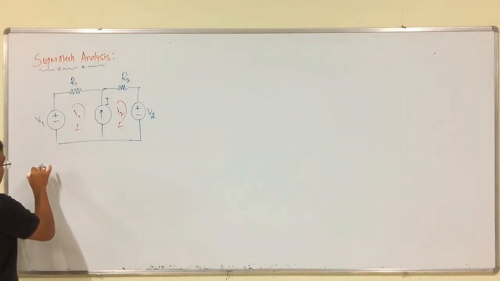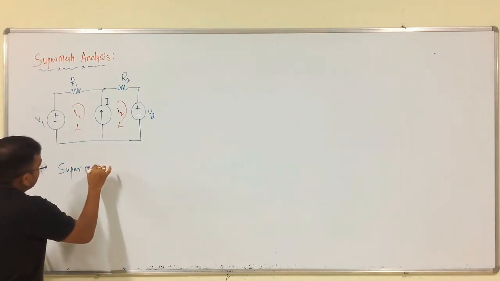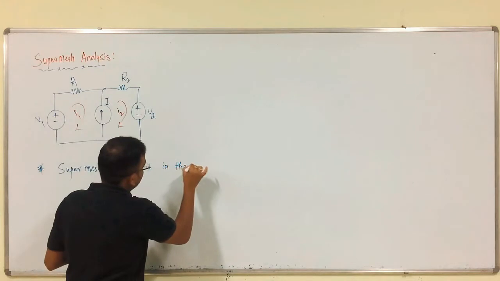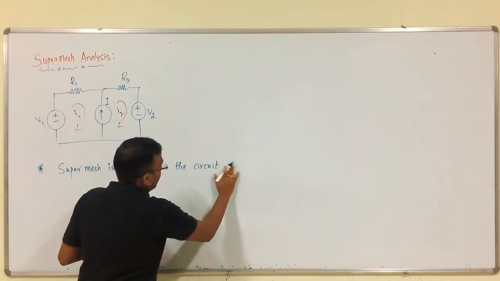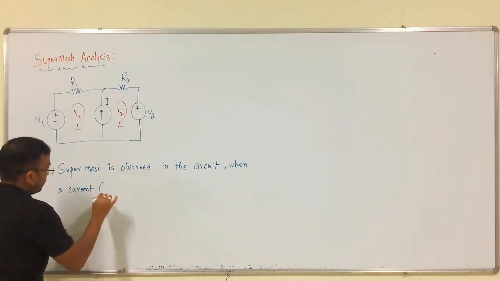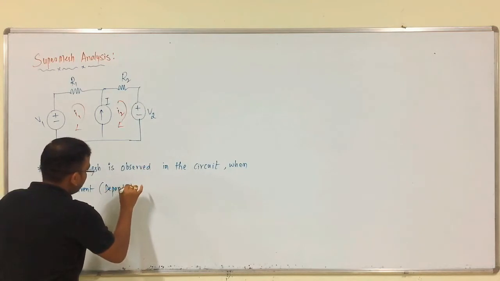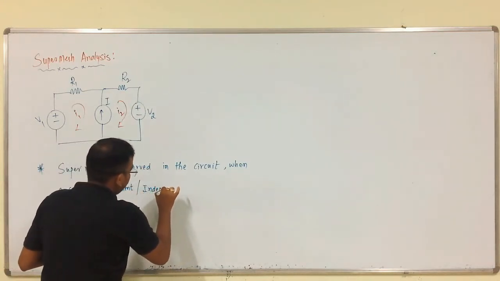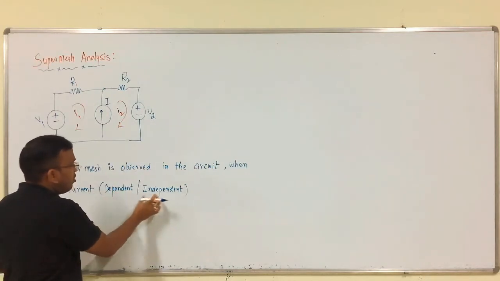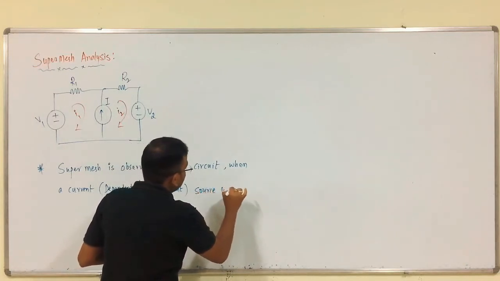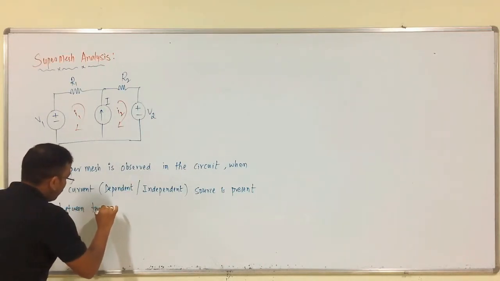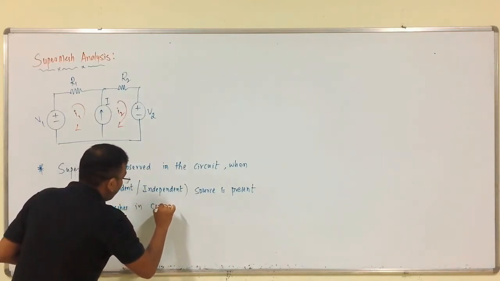First point: a super mesh is observed in the circuit when a current source, whether it is dependent or independent, is present between two meshes in common.